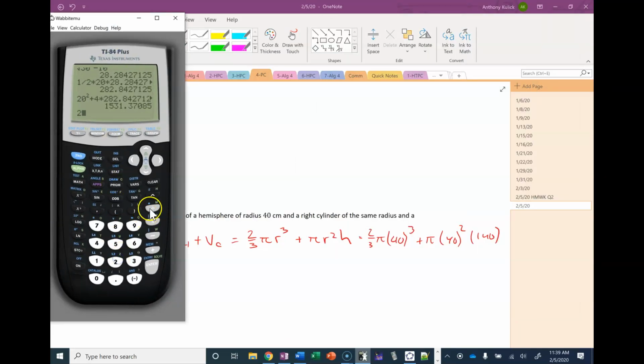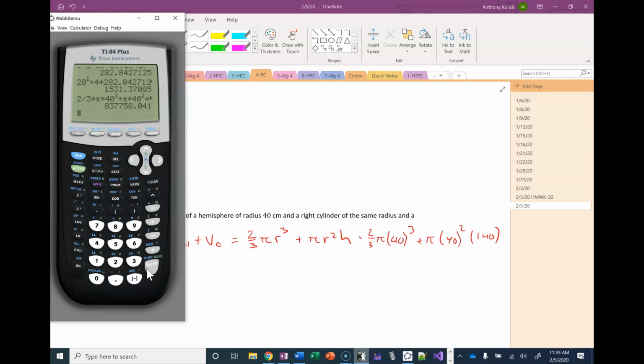So I have 2/3 times pi times 40 to the third power plus pi times 40 squared times 140.